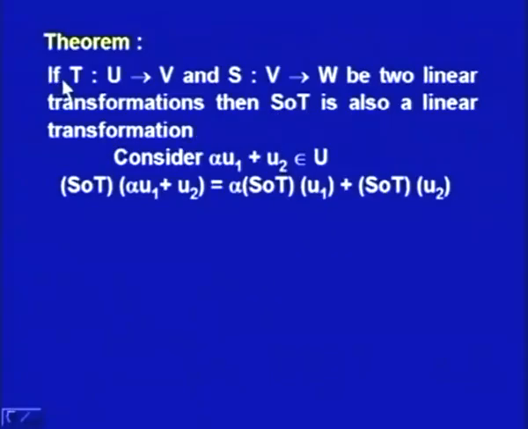That means, if S and T are linear transformations, then the composite of these two will also be a linear transformation. To prove this, we will consider alpha u1 plus u2 belonging to U, and we will prove that SoT of alpha u1 plus u2 is equal to alpha times SoT of u1 plus SoT of u2.